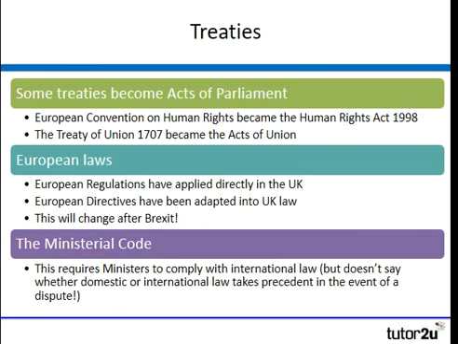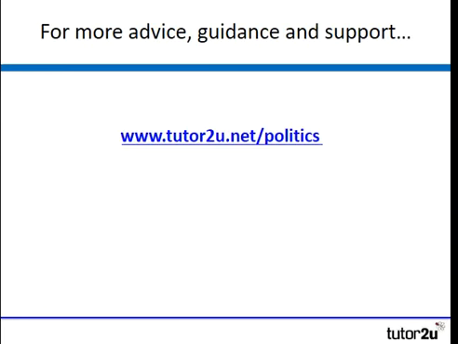The Ministerial Code, which you could also argue is another source of the UK Constitution, does actually require ministers to comply with international law, although controversially it doesn't actually tell us whether domestic law or international law takes precedence in the event of a dispute. This will clearly be resolved on a case-by-case basis, and you could argue, depending on your point of view, that this is both a strength and a weakness of the UK's uncodified constitution.